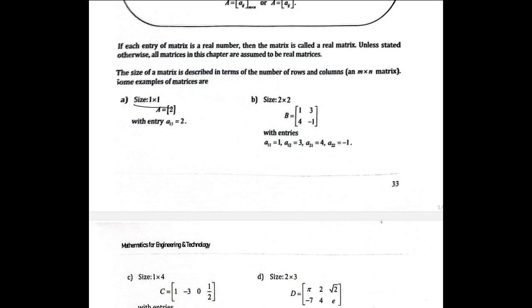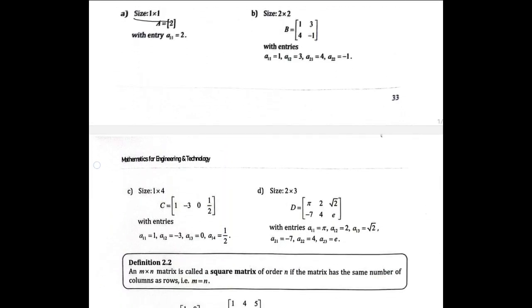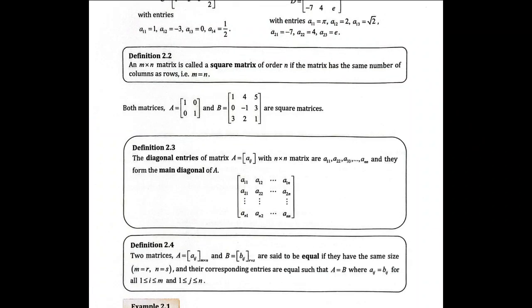Basically, it's just 1 number. A 2 times 2 matrix has, of course, 2 rows and 2 columns, and so on. A square matrix has the same number of rows and columns. For example, both of these matrices are square because they are 2 times 2 and 3 times 3.